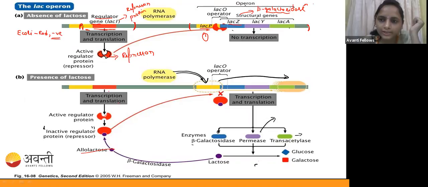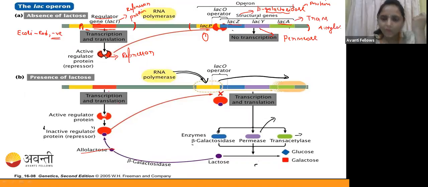Okay, it is a protein, guys. Now we will see what Y is. Y codes for, after the transcription and translation, the permease. Permease. Okay. So now A. The LAC-A codes for the transacetylase.